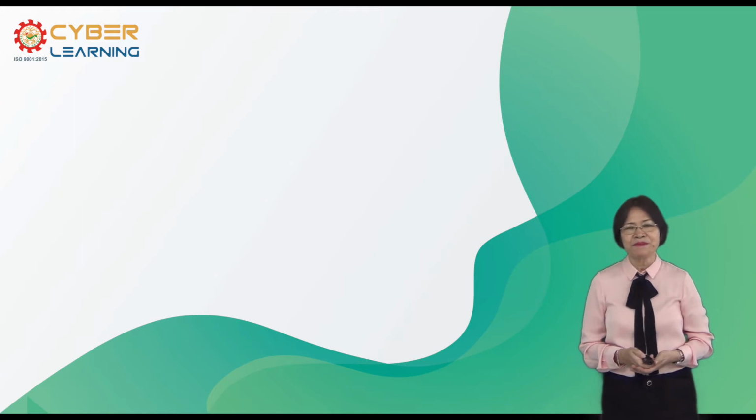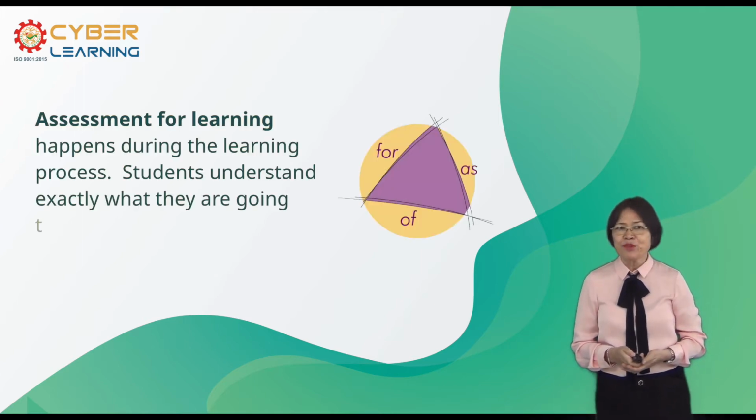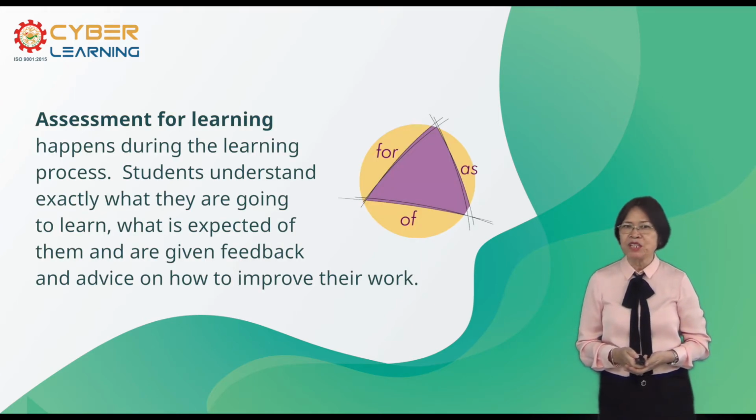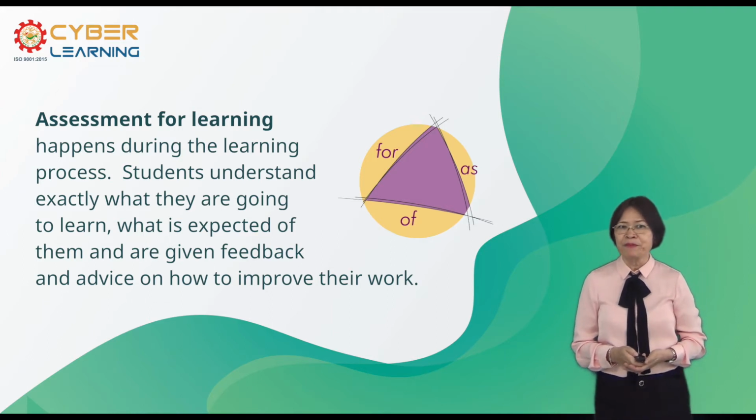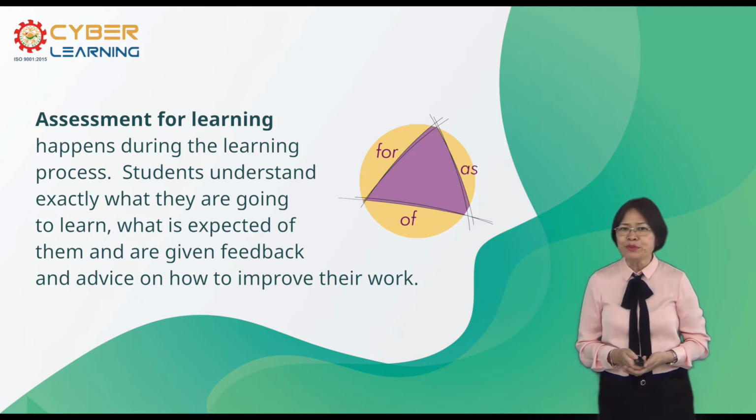Let us understand better each kind of assessment. Assessment for learning happens during the learning process. Students understand exactly what they're going to learn, what is expected of them, and are given feedback and advice on how to improve their work.